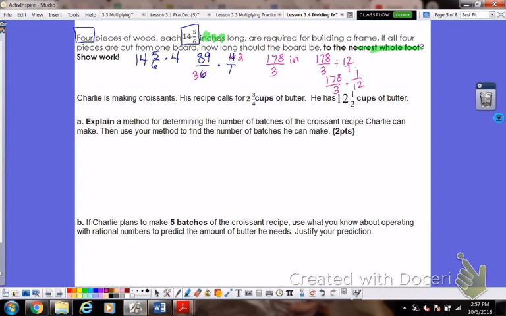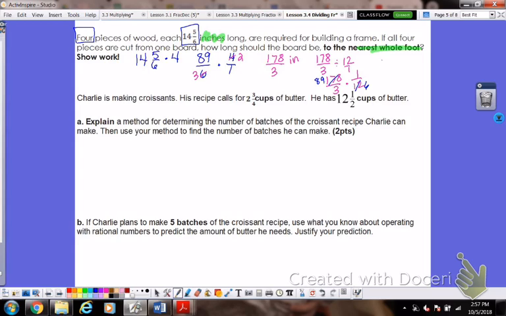Okay, so 178 is not divisible by 12, but if we're thinking reducing, it is even. So we can divide both of them by 2. That gives us a 6 here and an 89 here, just to give us some smaller numbers to work with.